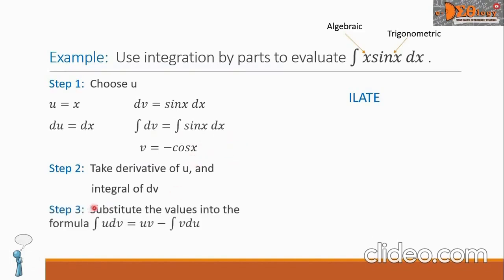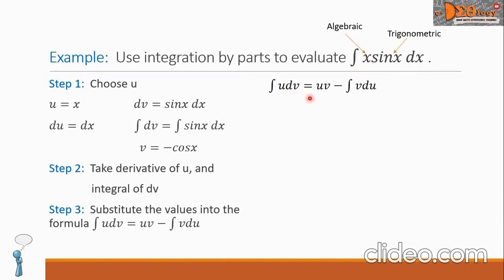Then step 3, we're going to substitute the values into the integration by parts formula. So this integral of x sine x dx is now equal to the integral of, the x is the u, so we write here, and the sine x dx is the dv.